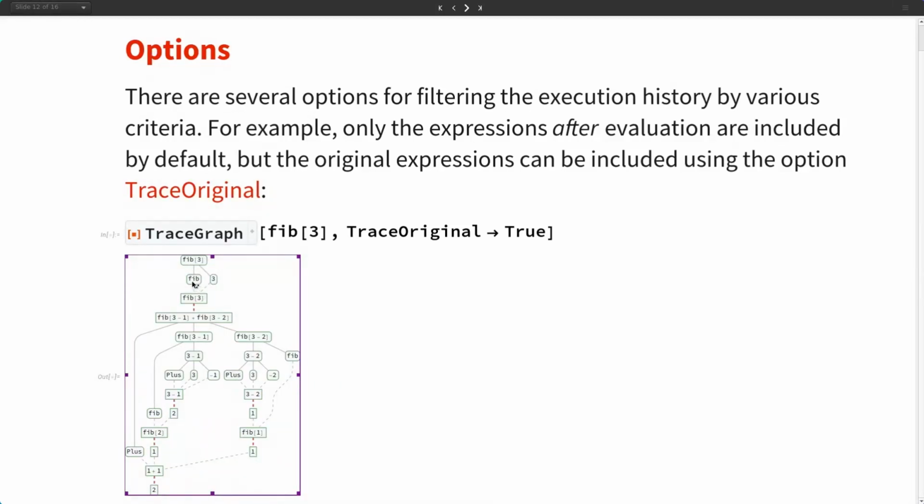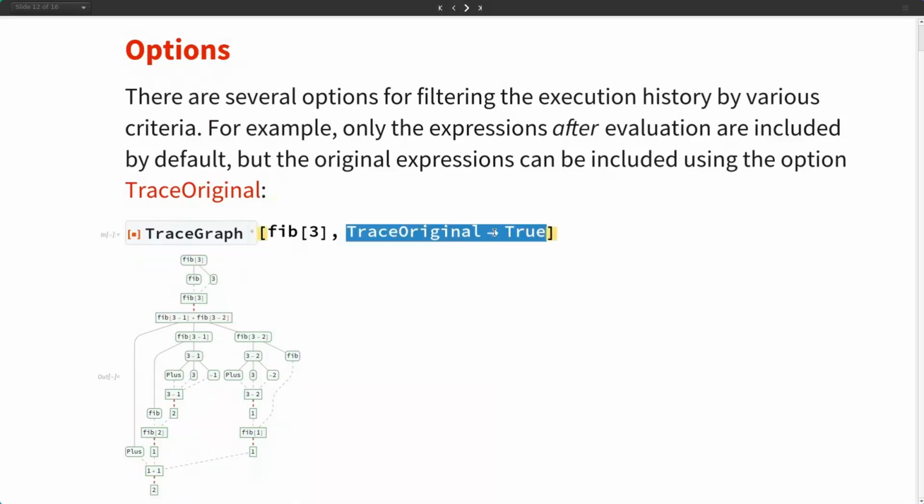A symbol evaluates to itself if it doesn't have any own values. 3 evaluates to 3. It's a number. Numbers evaluate to themselves. And so fib of 3, when you go through those first couple of steps of the evaluation process, just gives you a fib of 3 back. It's at that point transformation rules get applied. Usually you don't want to see this level of detail, but if you say TraceOriginal goes to True, you can get it.